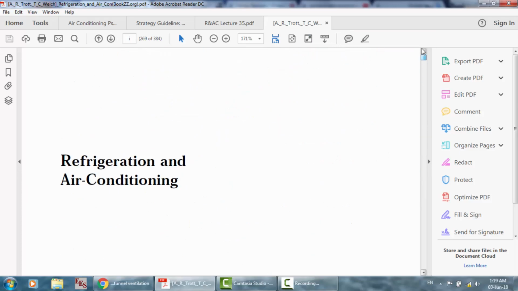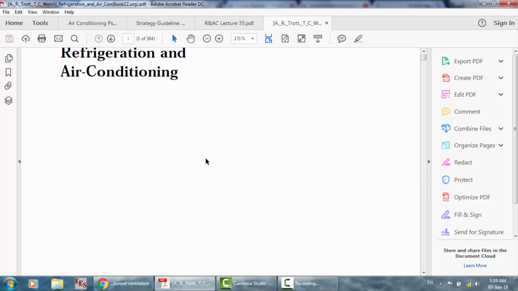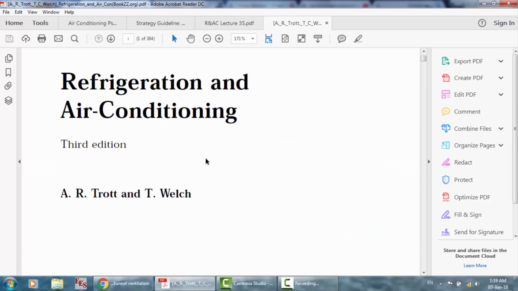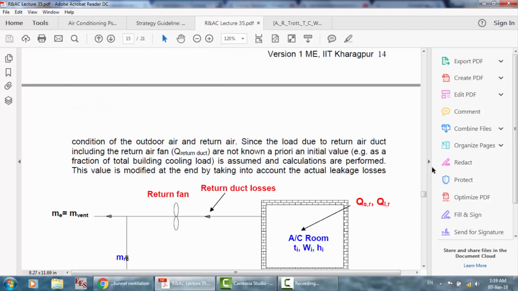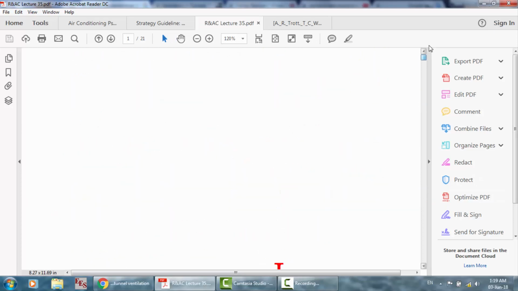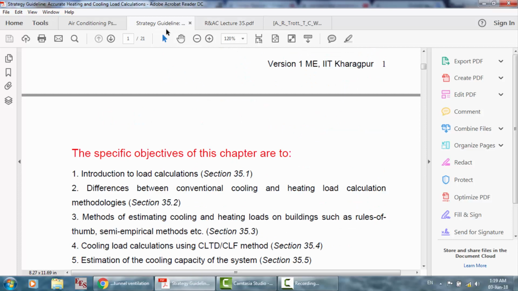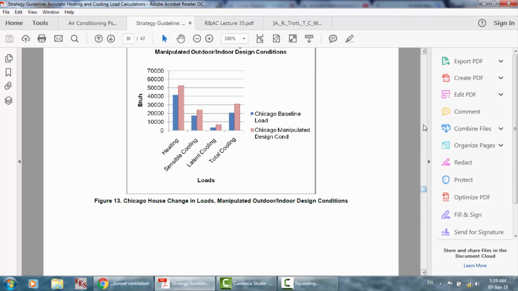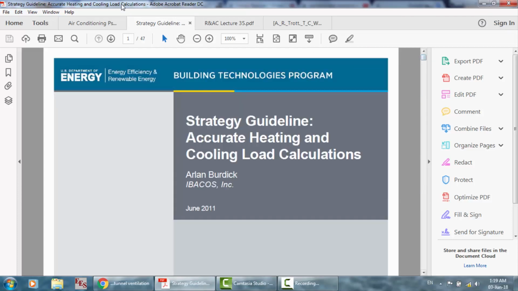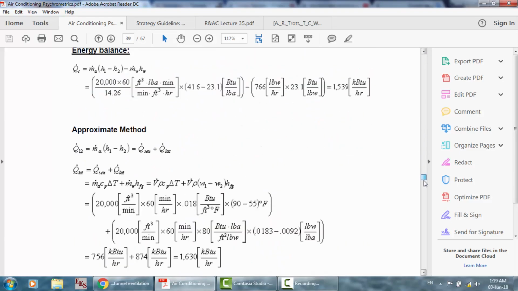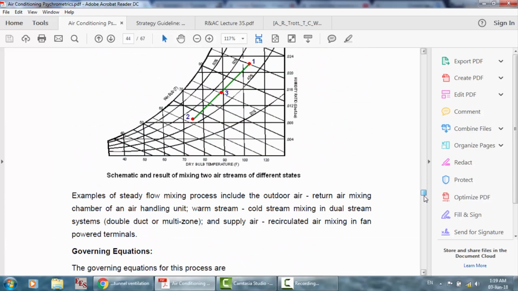Okay, and here is Refrigeration and Air Conditioning, third edition, by A.R. Trott and T. Welsh. And here is this lecture. Okay, and the strategy guidelines. And here are the air conditioning psychrometrics. You can get these things. Also, here are examples.